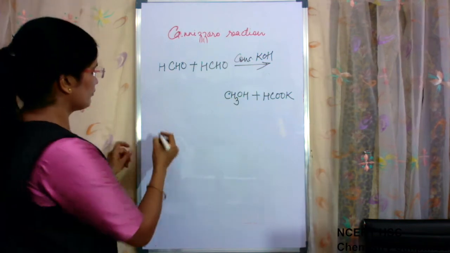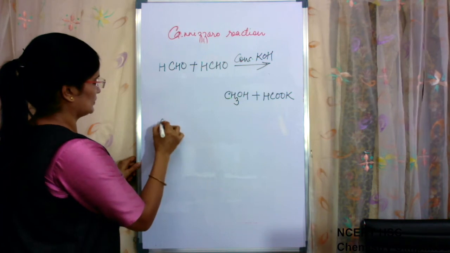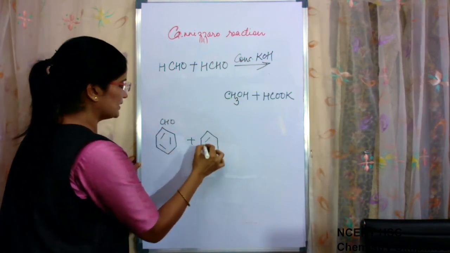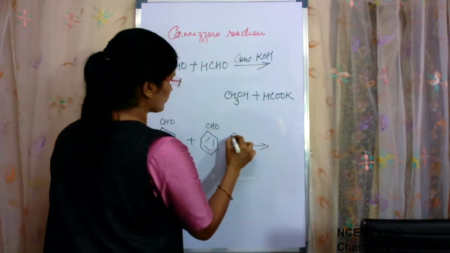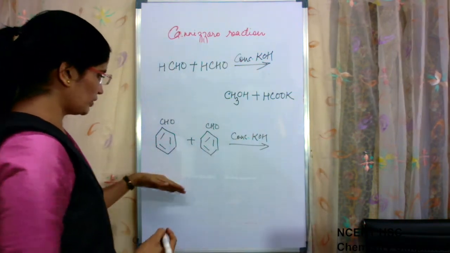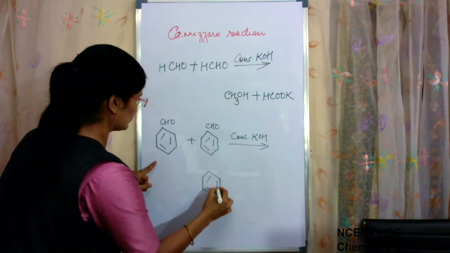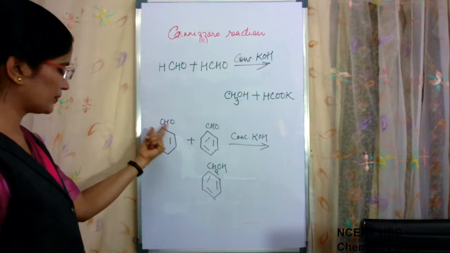Okay, if we are using benzaldehyde, C6H5CHO, another molecule should also be benzaldehyde, CHO, in presence of concentrated KOH. Then one molecule is reduced, so it will form C6H5CH2OH, alcohol.